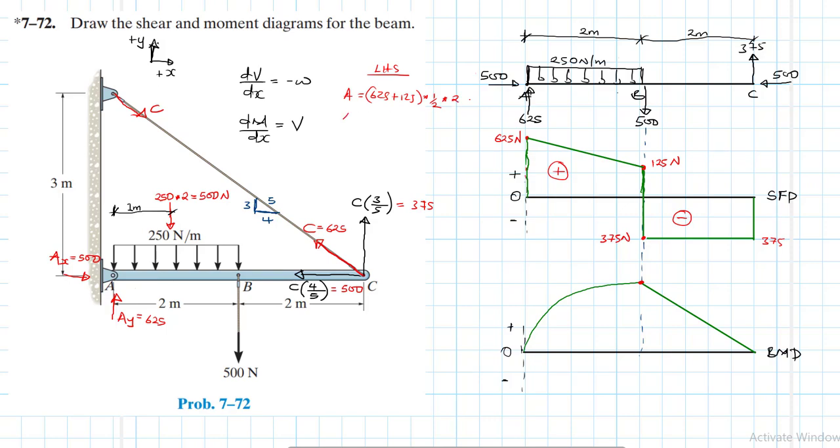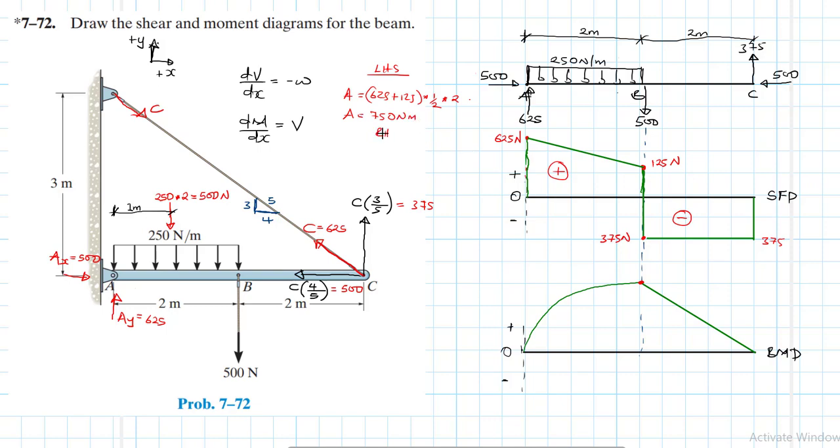So what does this one give us? Let's grab our calculators. 625 plus 125 times 0.5 times 2. So this gives us 750. So we have 750 Newton meters.